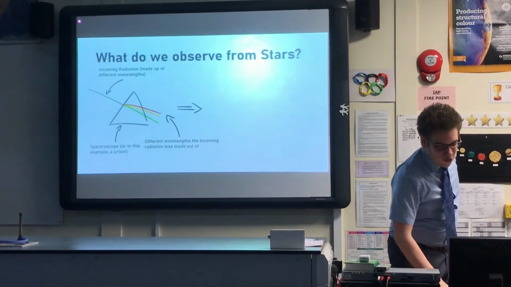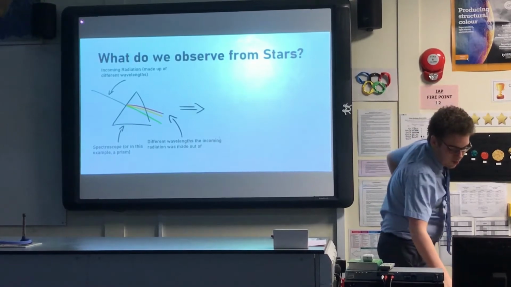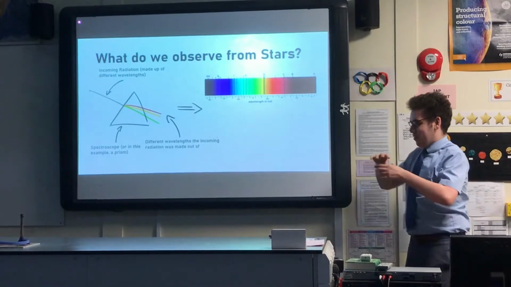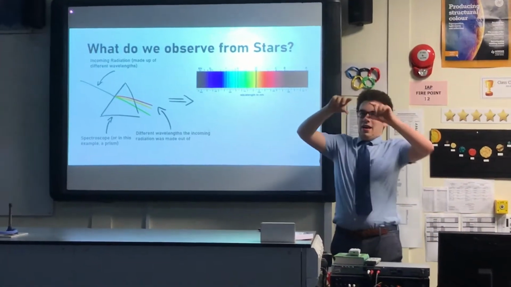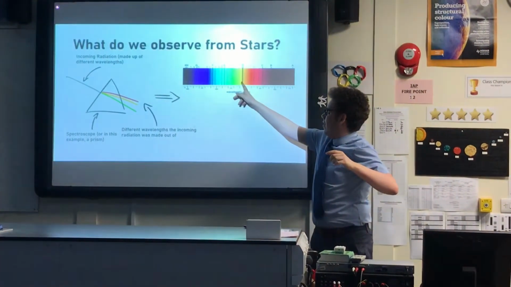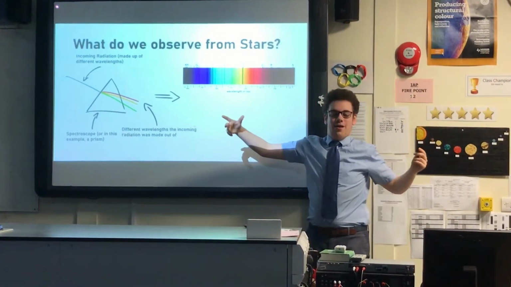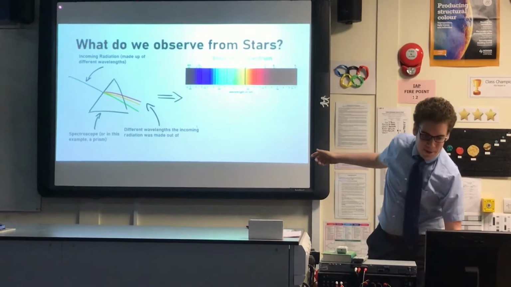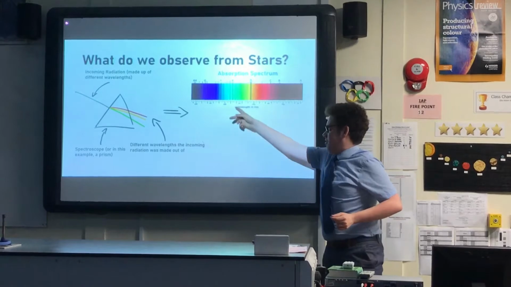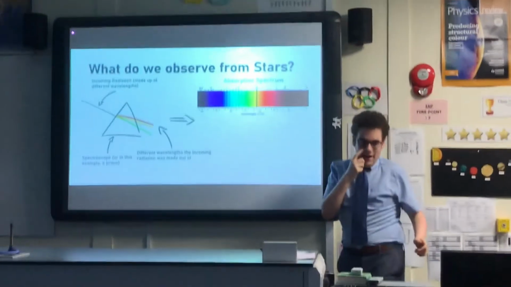So, what do we see? Well, we can see something like this. We observe a spectrum of light, but then there's bits like here or here that are just missing in wavelength. And this is called an absorption spectrum. The missing parts of the spectrum here have been absorbed by something.